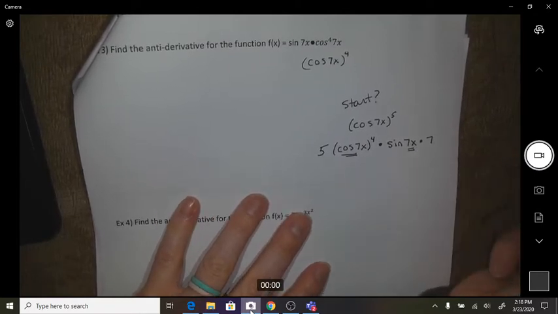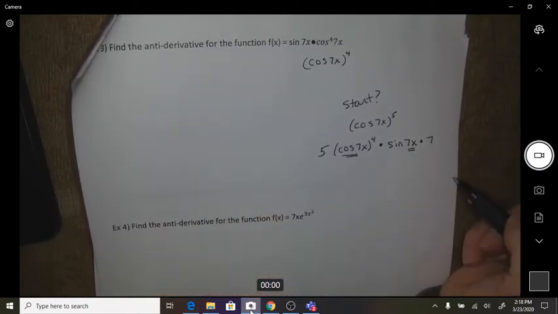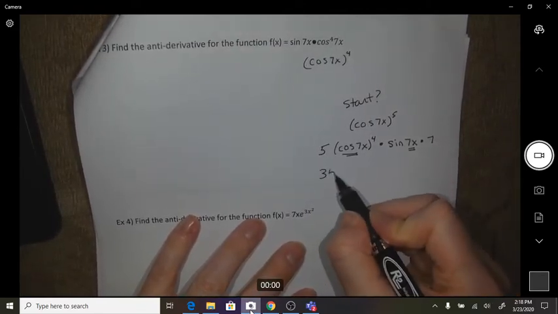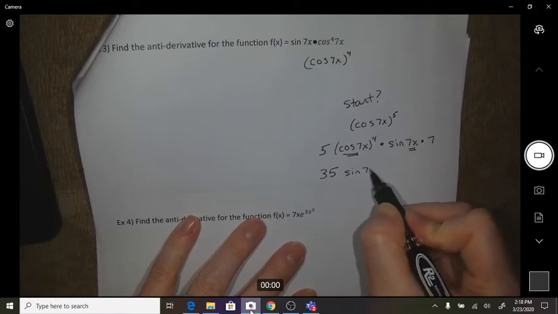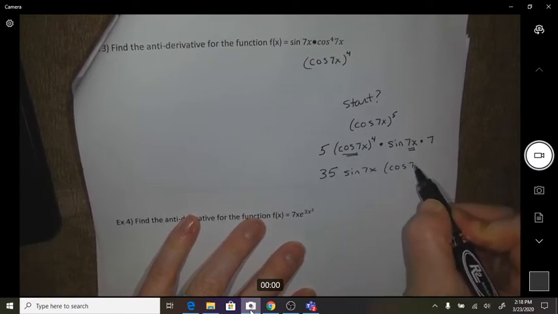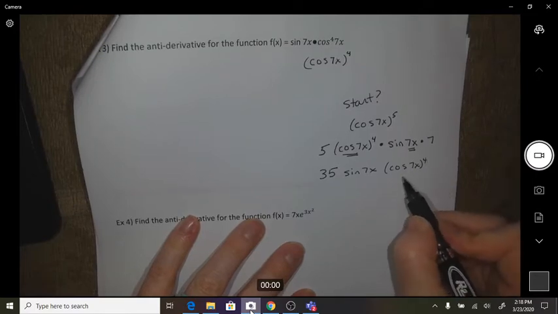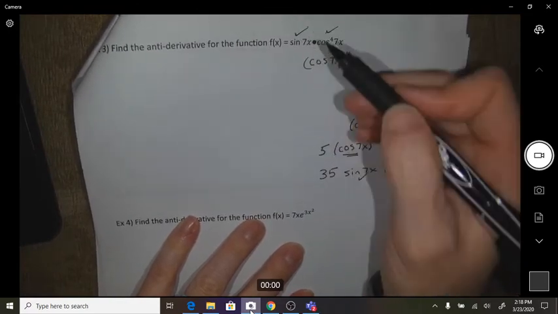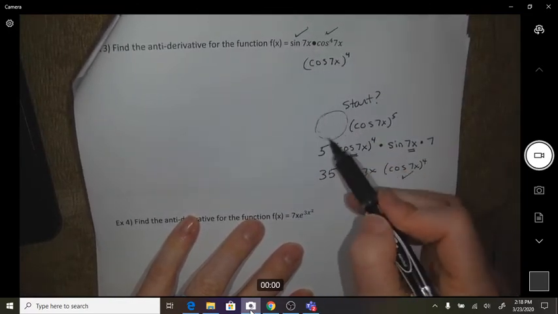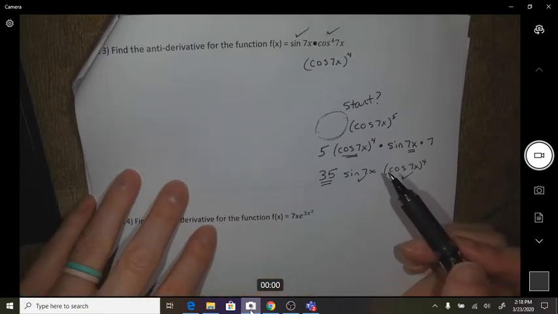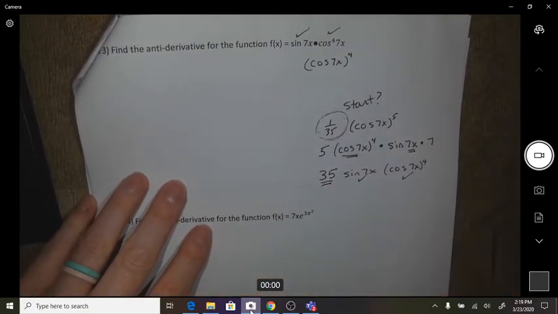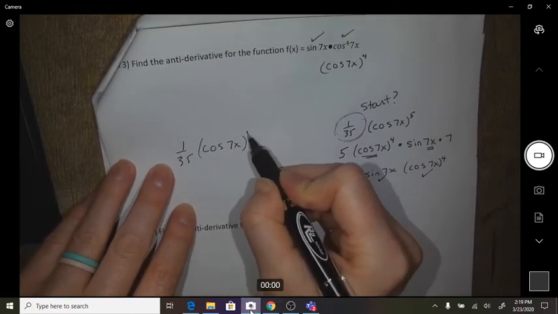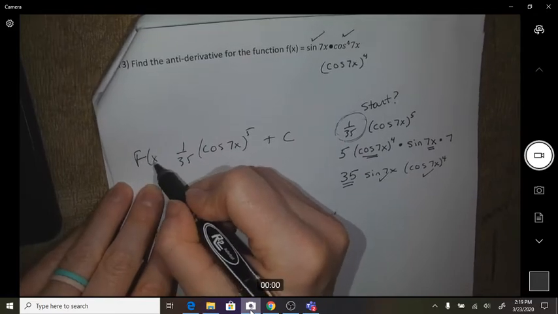So I have 2 chains after. I'm going to put the 5 and the 7 as 35, sine 7x, cos 7x to the 4th. I need to counteract the 35, so I need to put a 1 over 35 in the front. And then, can't forget the C.